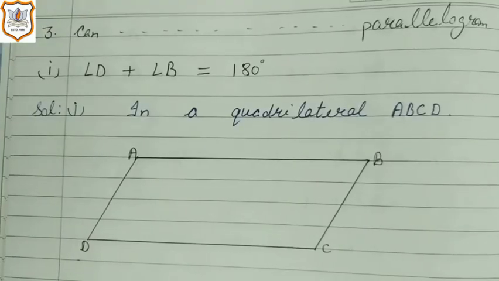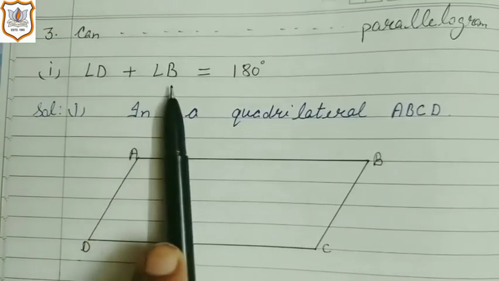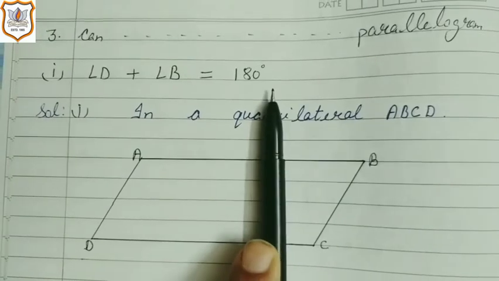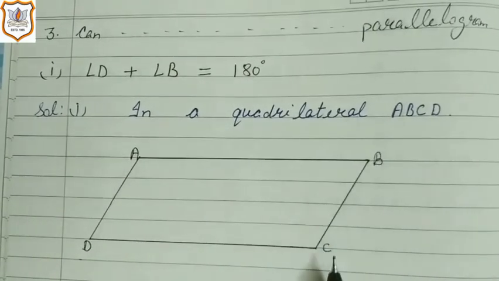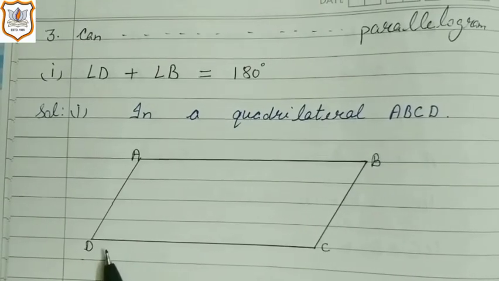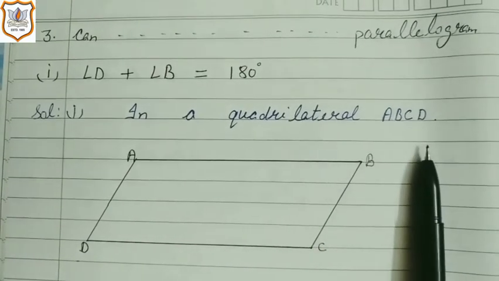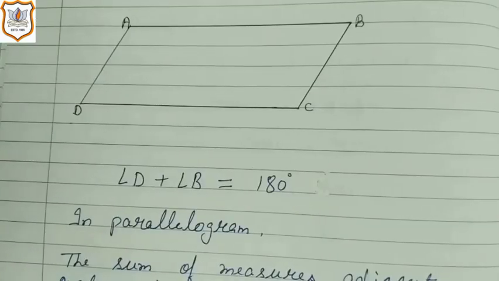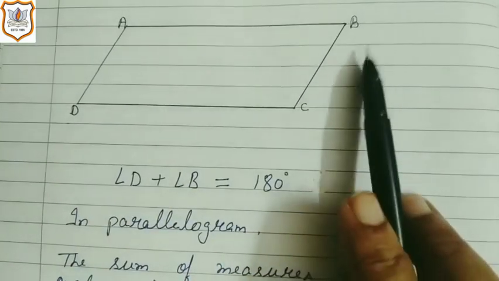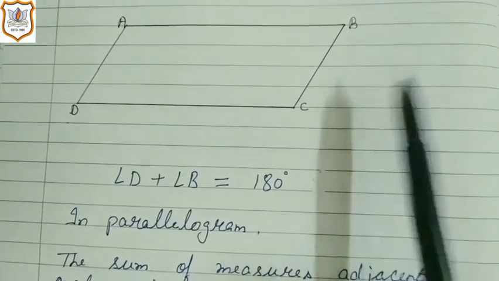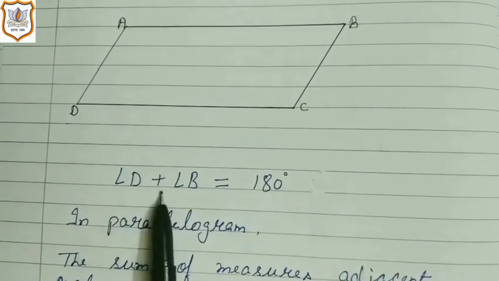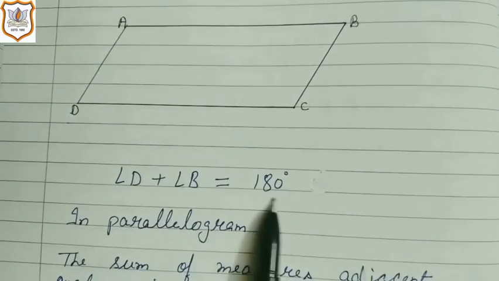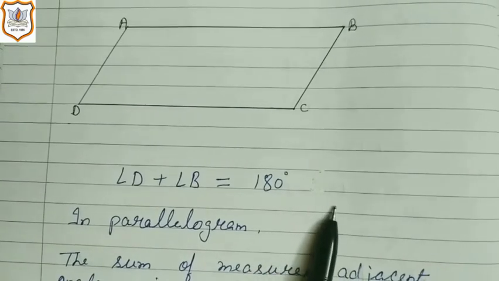Look at solution. First part, angle D plus angle B is equal to 180 degree. First we draw a quadrilateral ABCD. In quadrilateral ABCD, angle D and angle B are opposite angles. In this question, angle D plus angle B is equal to 180 degree, given.